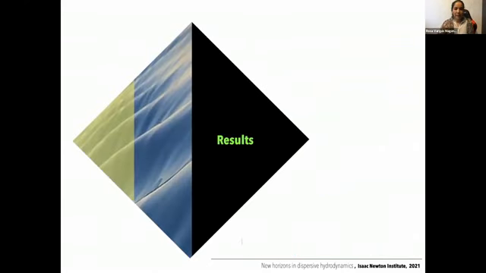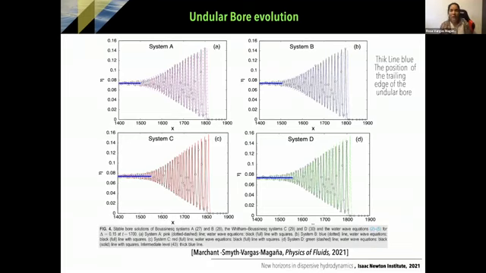So this is now the results. Here all the bores behave pretty well, because we are in a low initial condition.